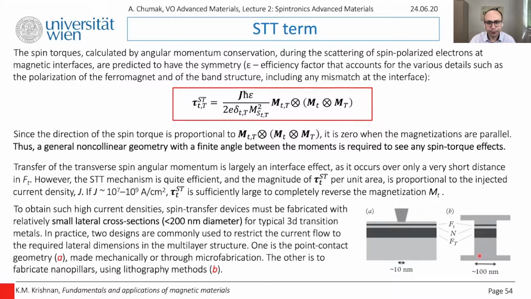And what is the difference between these two methods? Principally here, in order to switch magnetization, you need around 2 orders of magnitude smaller current. So this 10 to the power of 7 stays mainly for this case, and the 9 stays for this point contact case. And the reason is very simple, because if you want to switch magnetization orientation of this layer, you see it's free here, the edges.